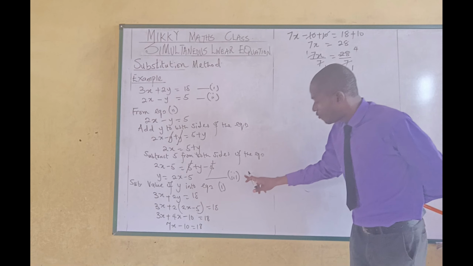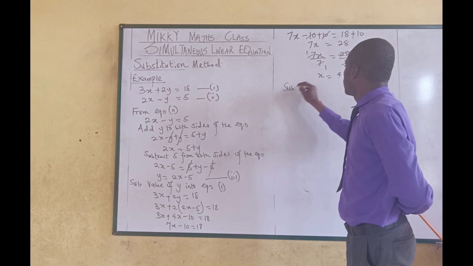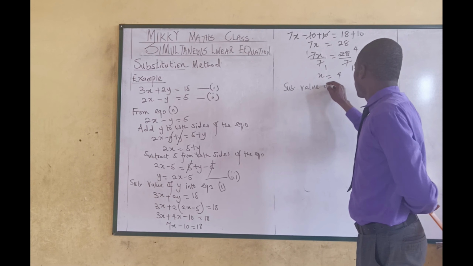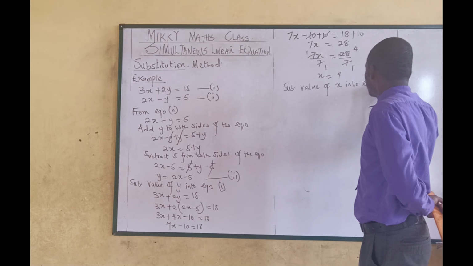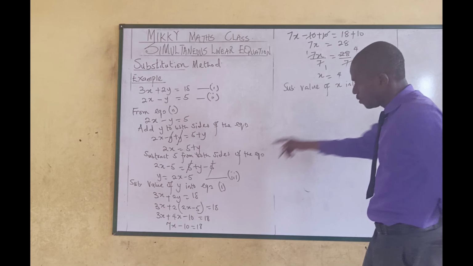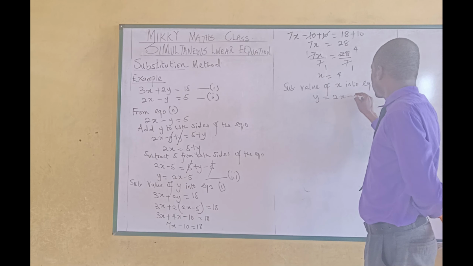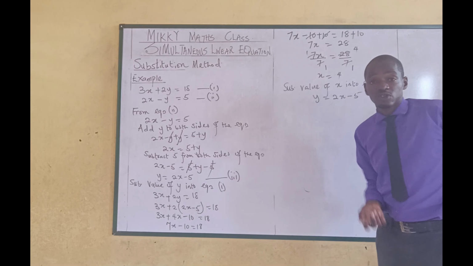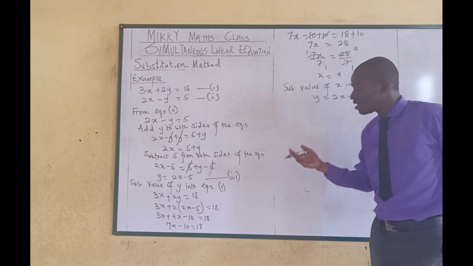Now, substitute the value of x into equation 3, which is here. Equation 3 is y is equal to 2x minus 5. You can also use equation 1, you get the same answer. Any of the equations, you get the same answer.